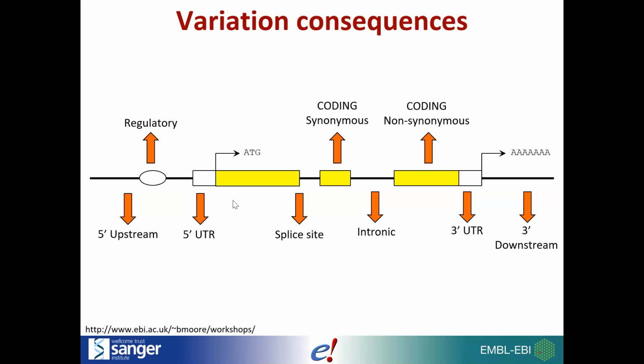And so if we have a change in the DNA sequence in the coding region, then the consequence might be a synonymous substitution, meaning that we get the same amino acid in the translation, or it could be non-synonymous, resulting in a change of the amino acid.